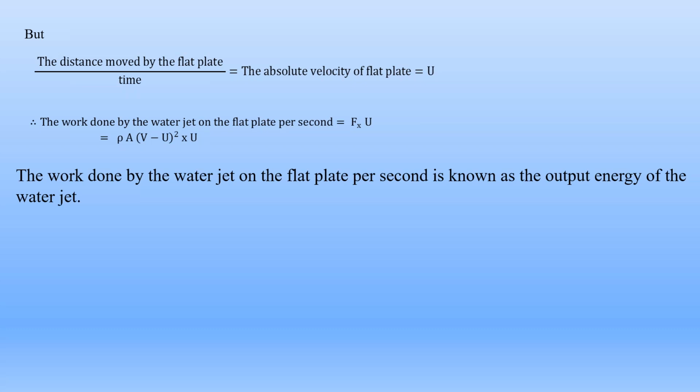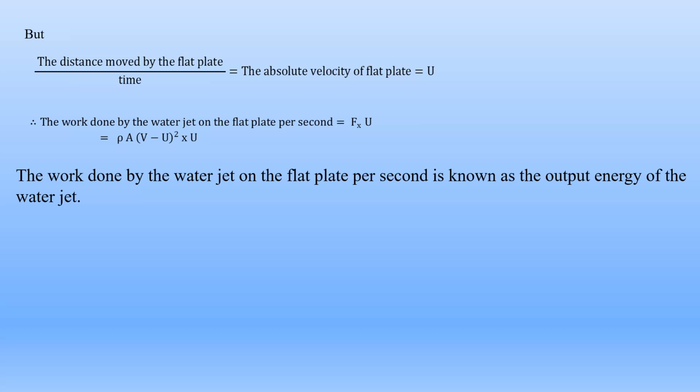At the end of the nozzle, the water jet is moving out with velocity v, absolute velocity v. Since the water jet at the end of the nozzle is coming out with velocity v, the water jet has kinetic energy at the end of the nozzle. That kinetic energy of the water jet per second coming out from the nozzle is called the input energy of the water jet.